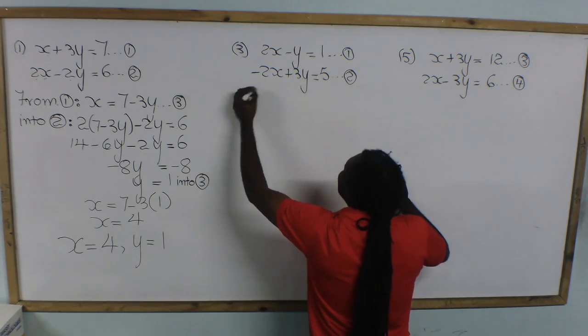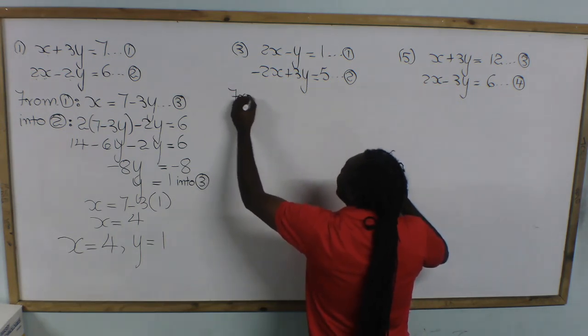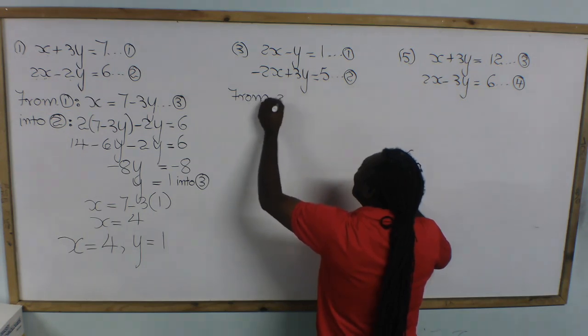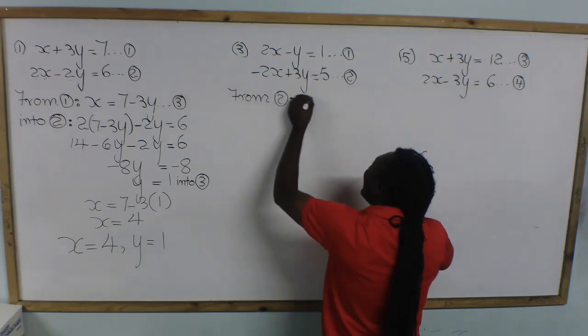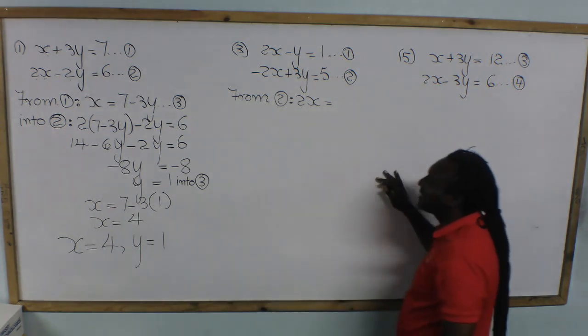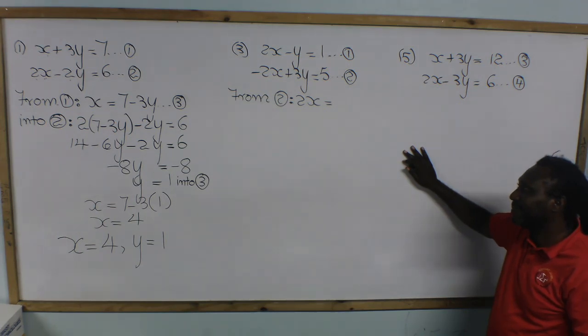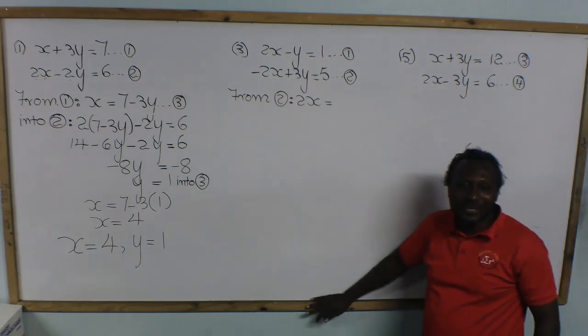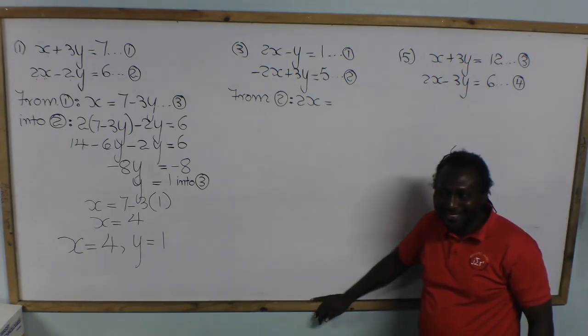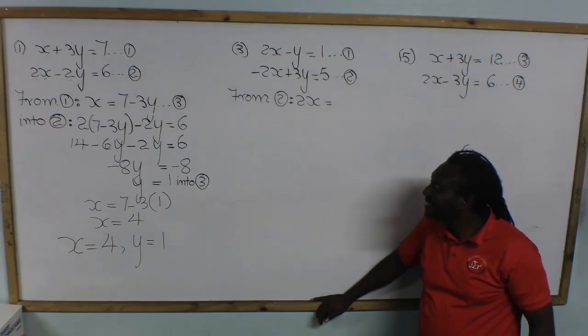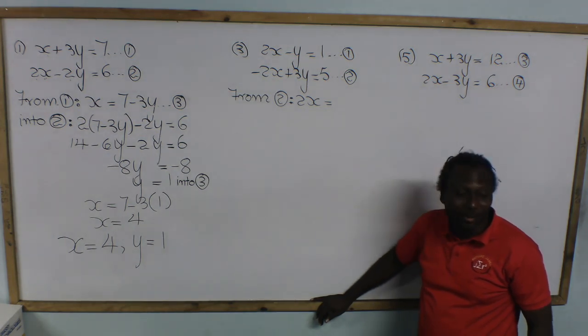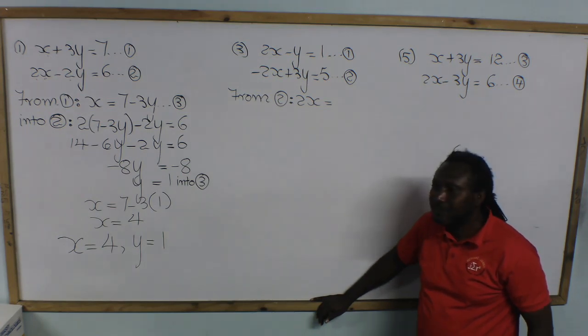So I will say then, from equation 2, 2x, let me see what you say 2x is equal to. 2x is equal to what? I'm waiting. 2x is equal to what? Right. 2x is equal to 3y minus 5.